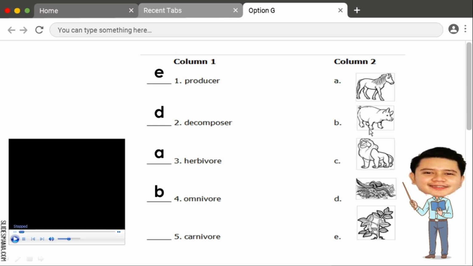And of course, the last letter is a lion, which is a carnivore. Okay, so again, number 1 we have producer, number 2 decomposer, 3 herbivore, 4 omnivore, 5 is carnivore.